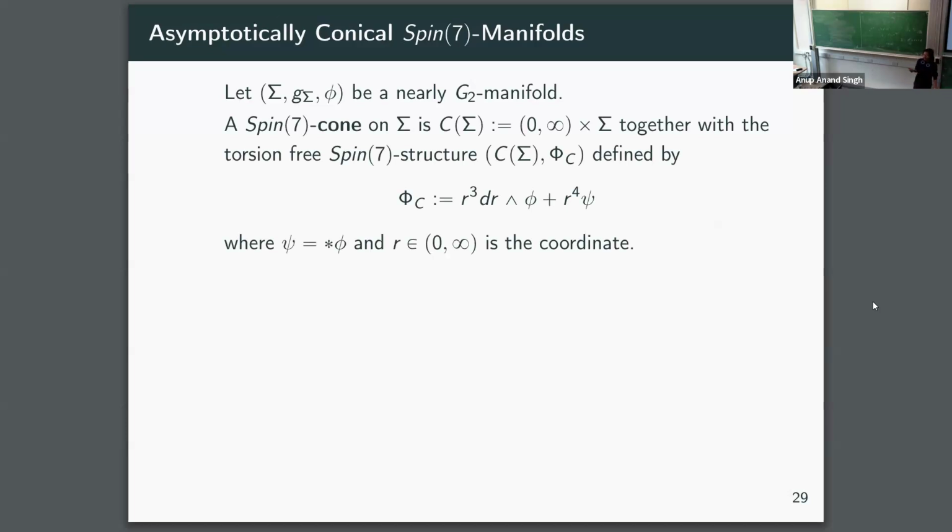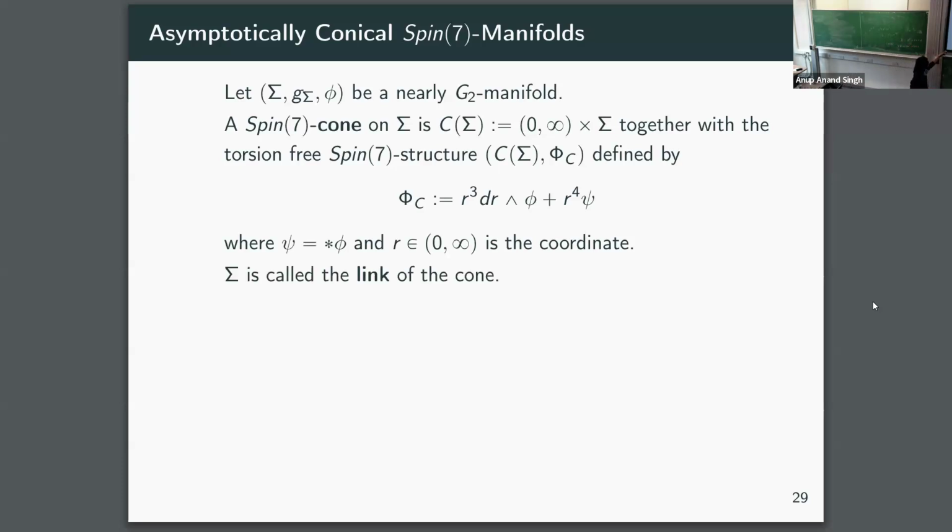You can show that for a particular value of tau 0, the typical one being 4, if you have d phi equals 4 psi, you can prove that this implies nabla Phi equals 0, or the same condition is d Phi equals 0 as well. So nabla Phi is 0 actually implies d Phi equals 0. And then you can show that this Spin 7 structure is torsion free.